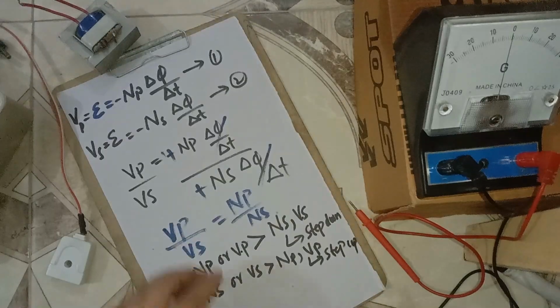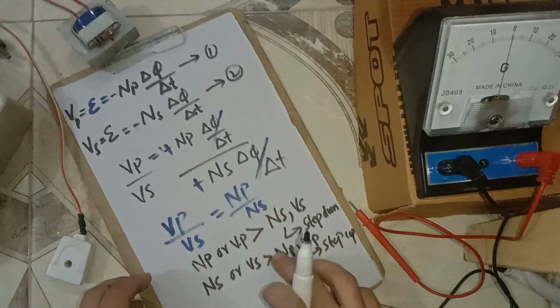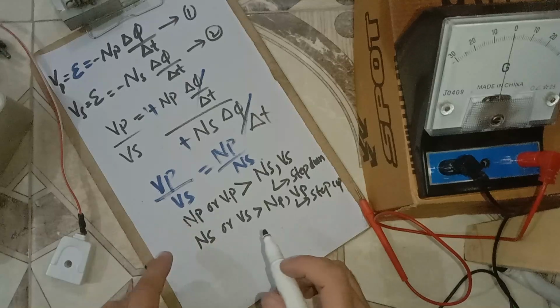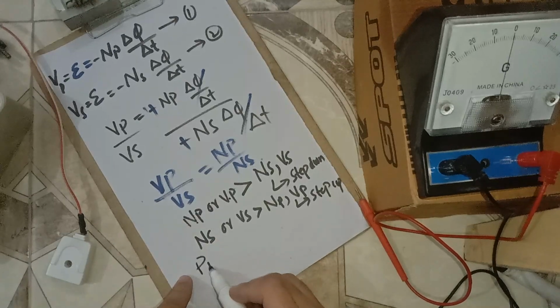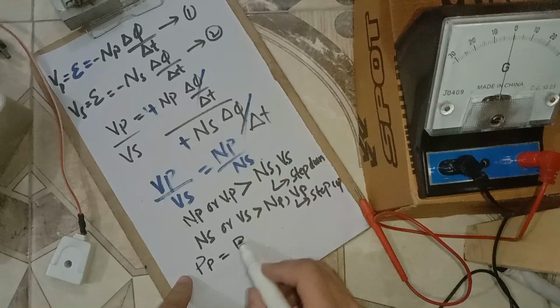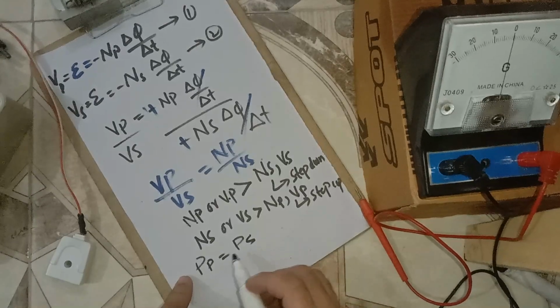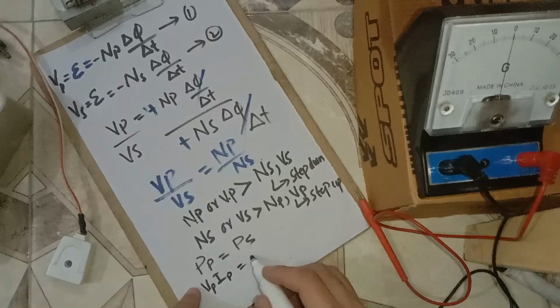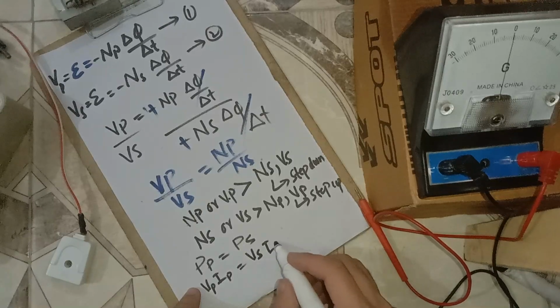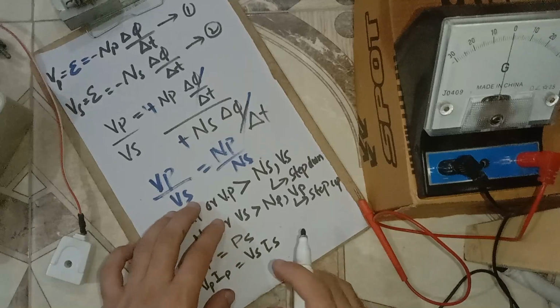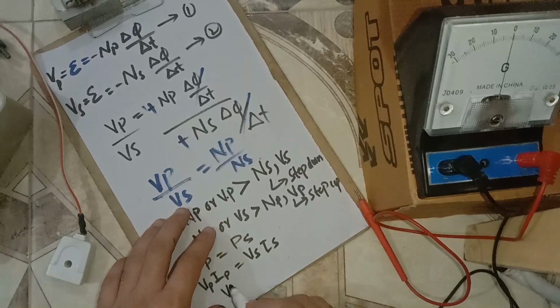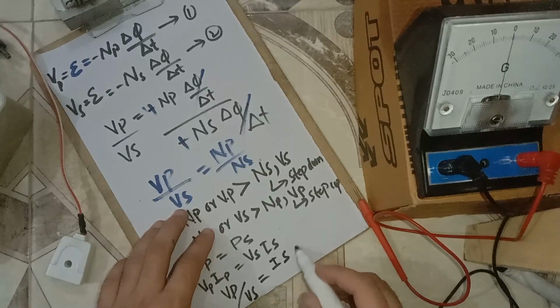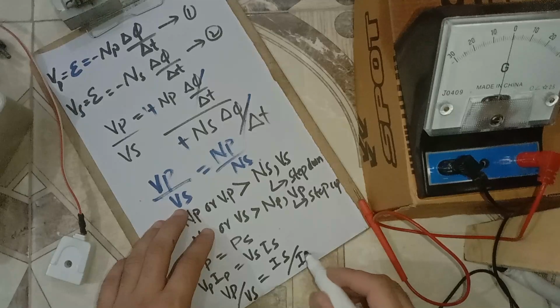Okay, so in the transformer the power will be the same. So power of the primary coil will be equal to the power of the secondary coil. So power is equal to VI. So here Vp Ip is equal to Vs Is. So from here we can write that Vp divided by Vs is equal to Is divided by Ip.